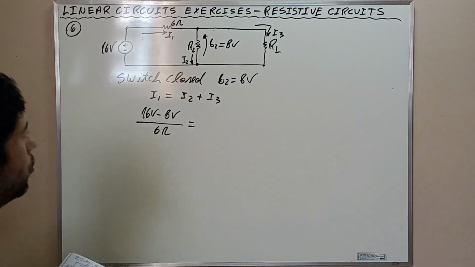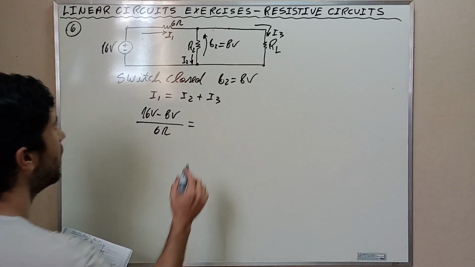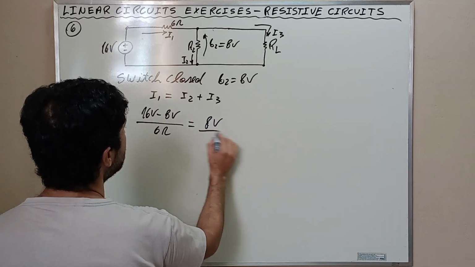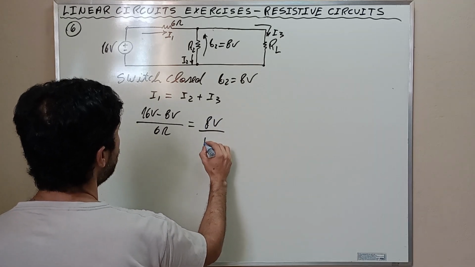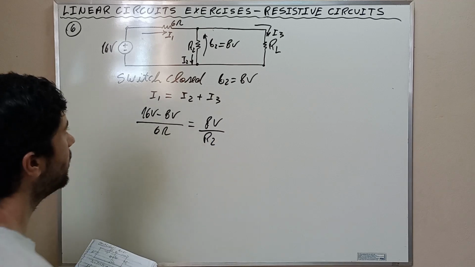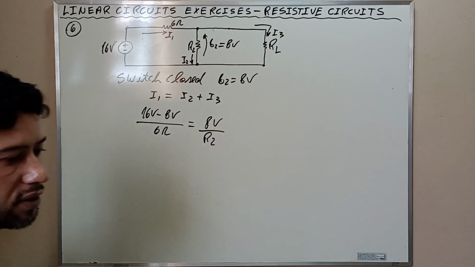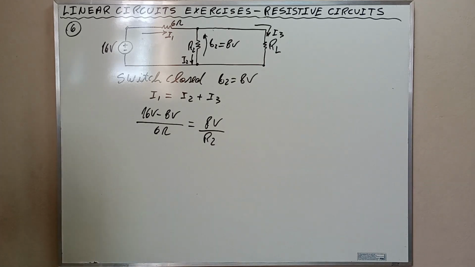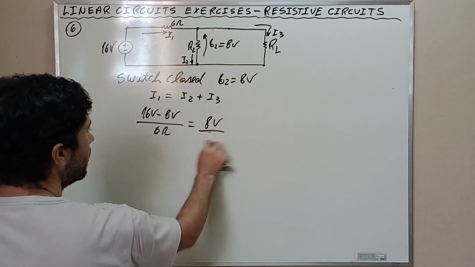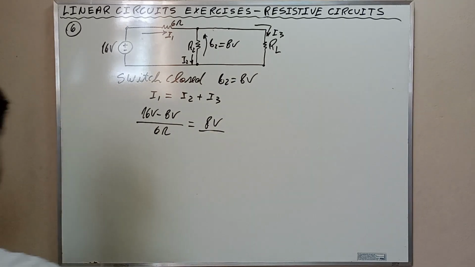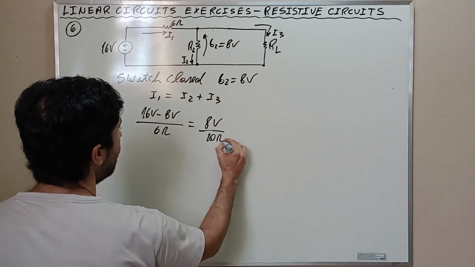And I2, who is I2? I2 is 8 volts divided by R2. Okay, we don't know the value of R2. Yes, we know, we calculated it in the first step to be 10 ohms. Then we substitute it to be 10 ohms.